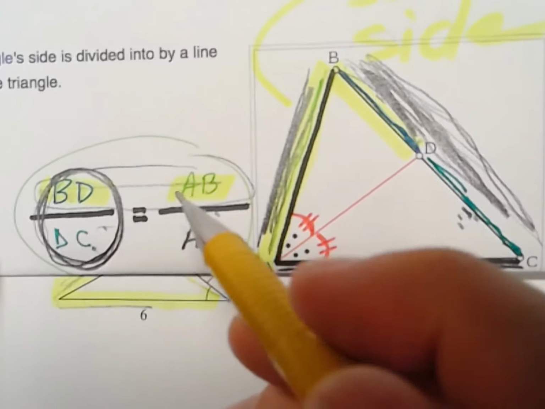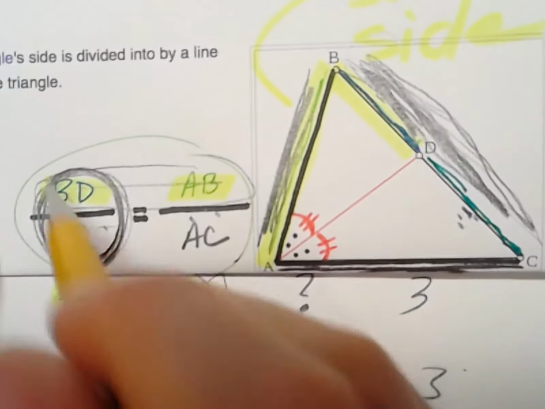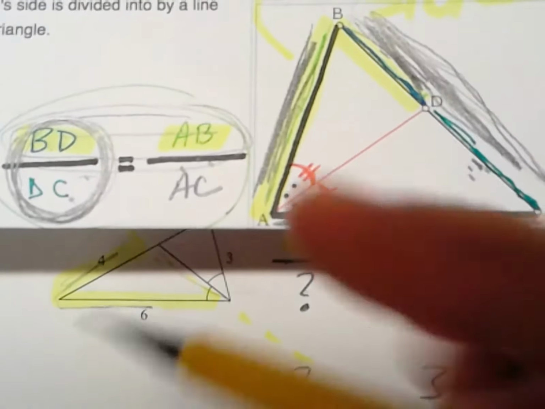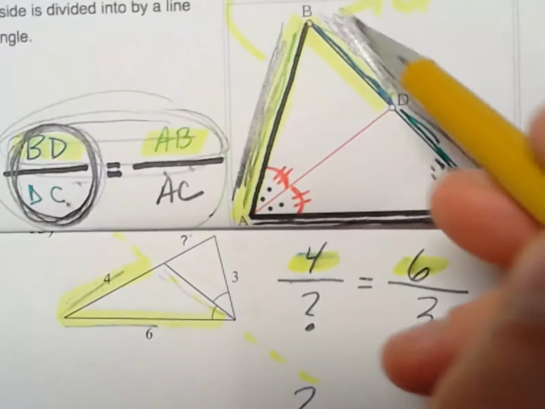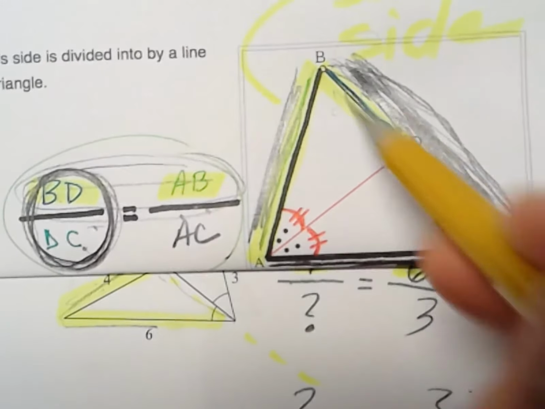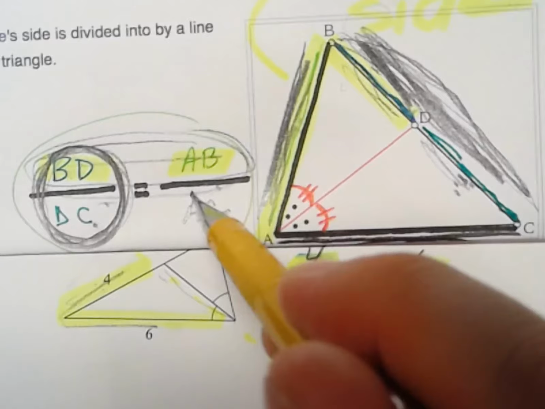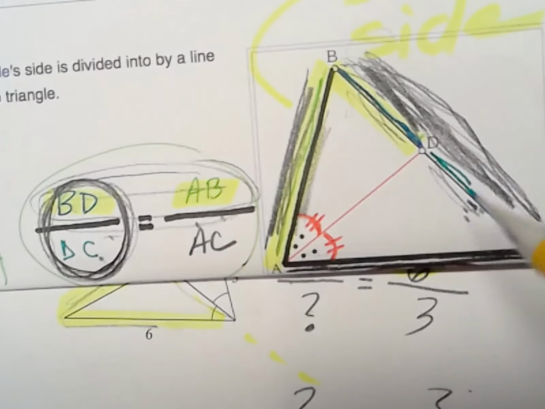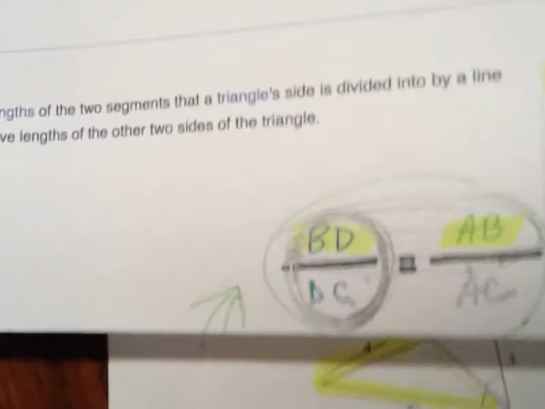Whichever way you want to think about it, if you want to set up a fraction first or set up all the numerators first, it doesn't matter. But one fraction is going to consist of the side that was split into these proportional parts, and the other fraction is going to consist of the sides of the triangle AB and AC that were not touched by the bisector. Okay?